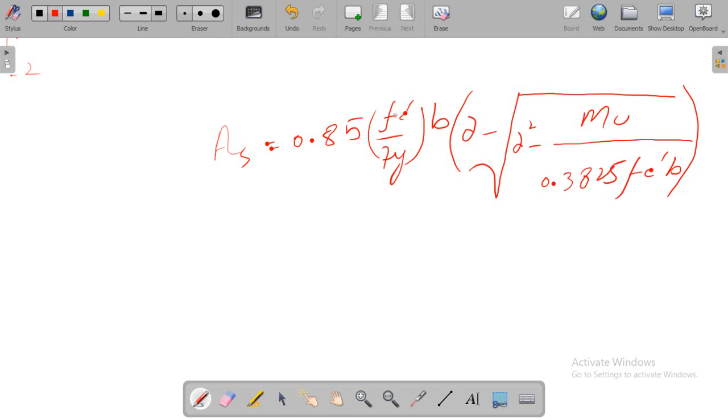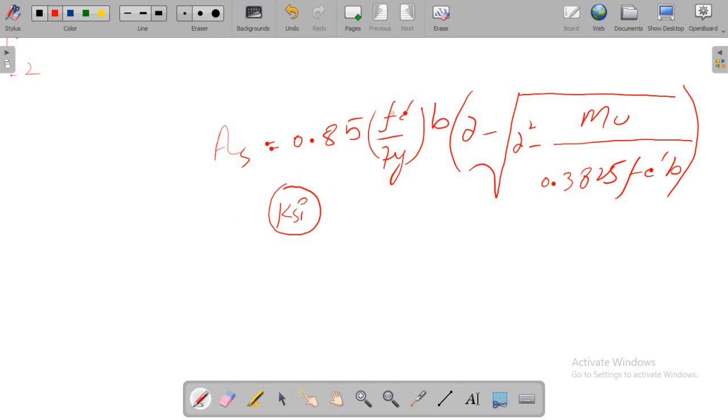Remember, you have to be consistent with units. If here let's say you are using ksi, right? So here ksi cancels out with ksi, so here it doesn't matter. But b, d and mu, you must make sure that you are plugging the right value. I always recommend that you bring all the values in inches and ksi.